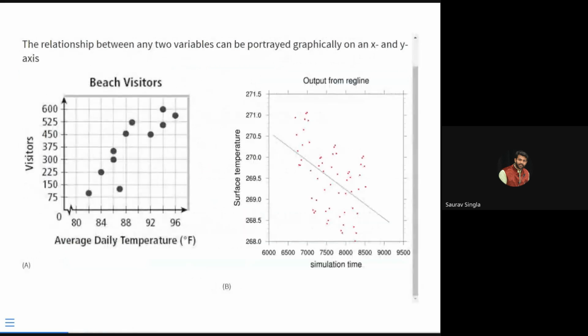Let me show you this graph. If the average temperature is increasing, the number of visitors is increasing. But here, simulation time is increasing, surface temperature is decreasing.